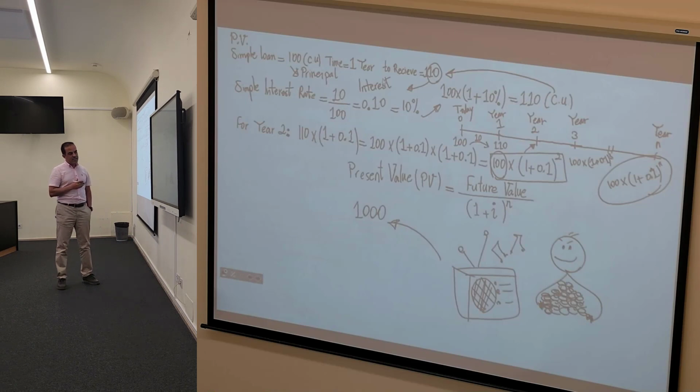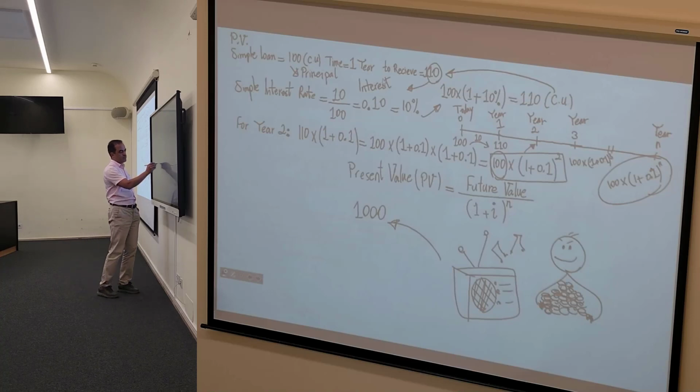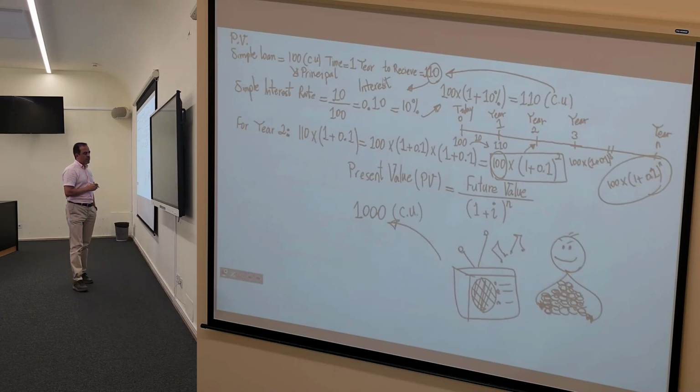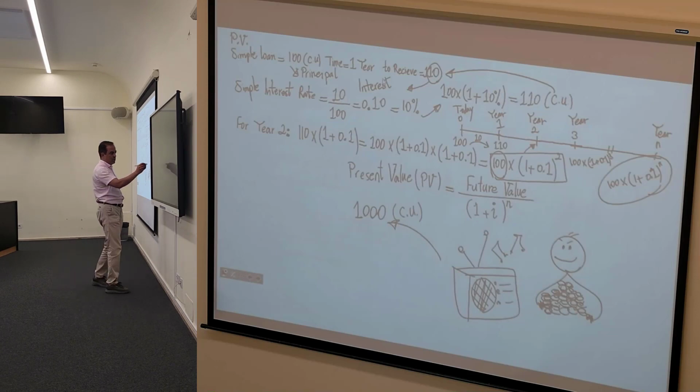And at first, this 1,000 currency units will be delivered, for example, over the next 20 years. So not all at once, but all this big prize.